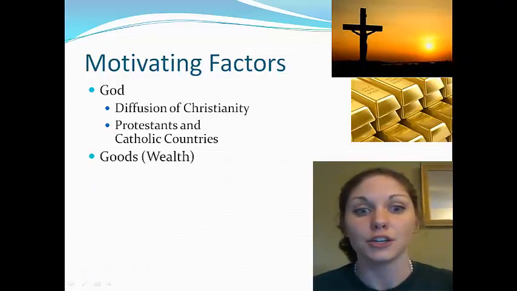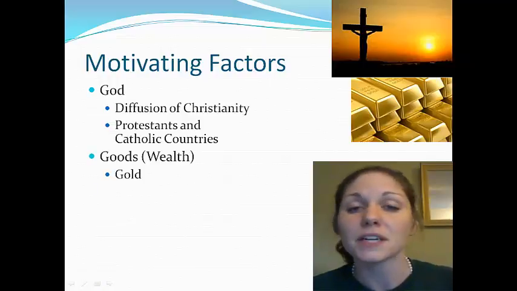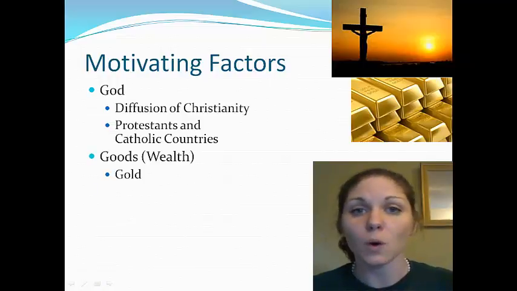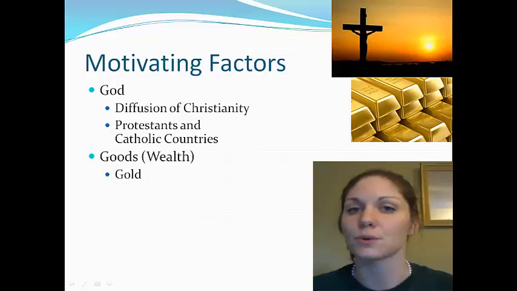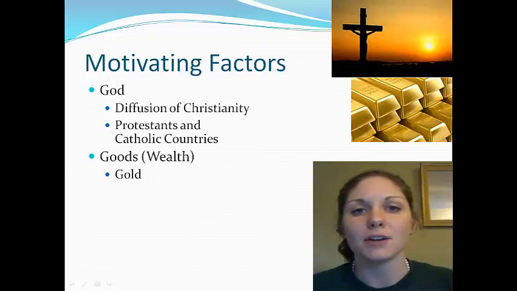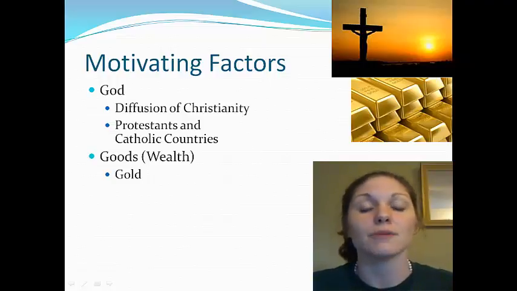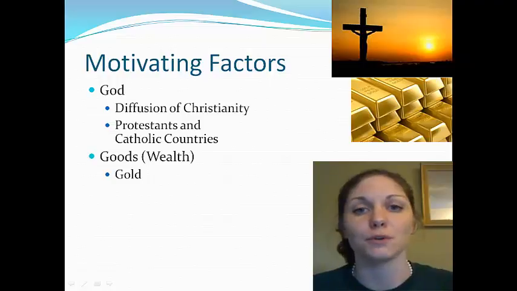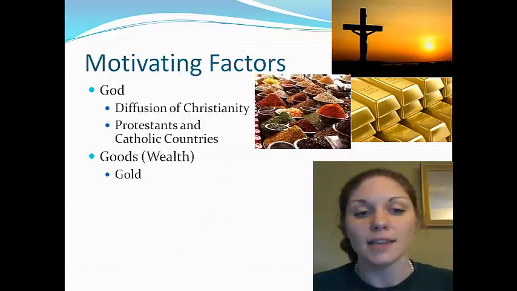So next, goods or wealth. This comes in a couple different forms. First being gold. European countries had heard stories, there were myths about foreign lands that were filled with gold, essentially gold just laying around on the ground for them to find, and that was a big motivating factor for them. They wanted to go find that gold. Next is spices.